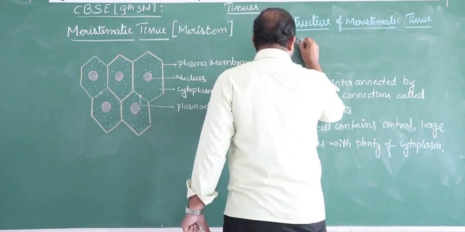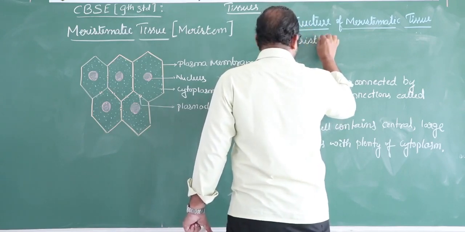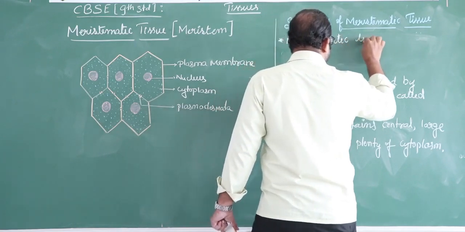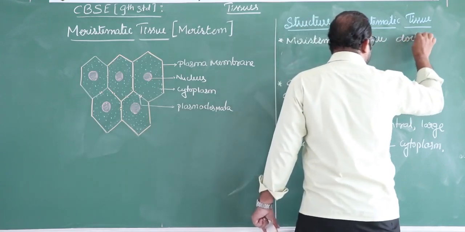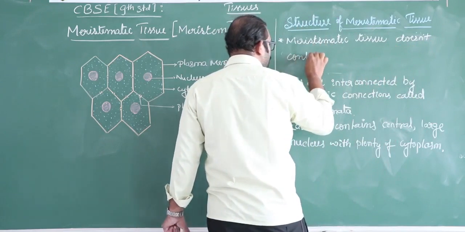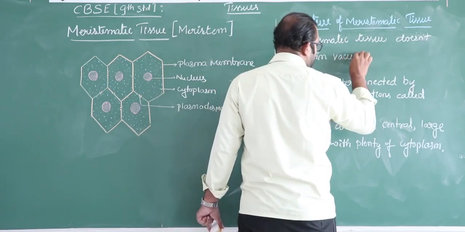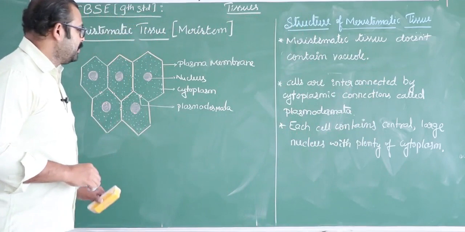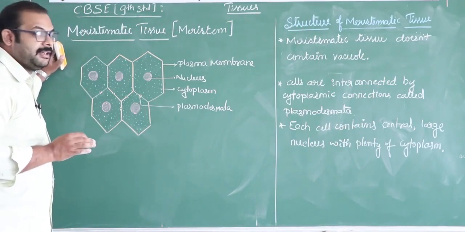So meristematic tissue does not contain vacuoles. So these are the structure of meristematic tissue.